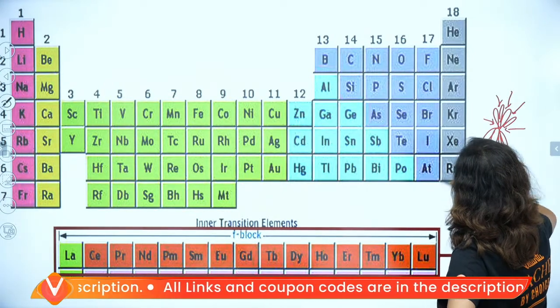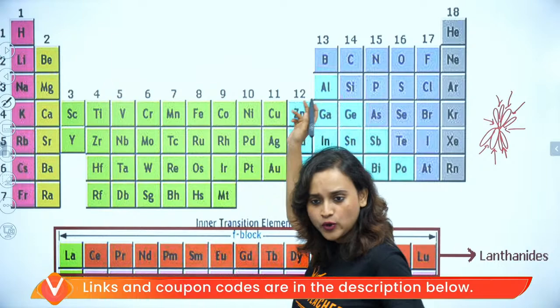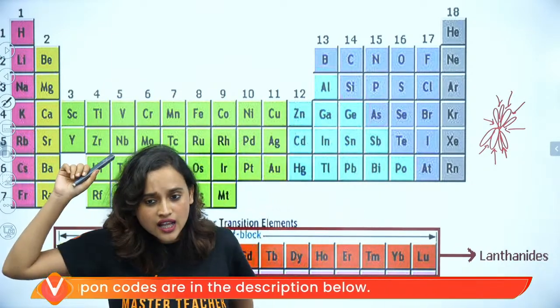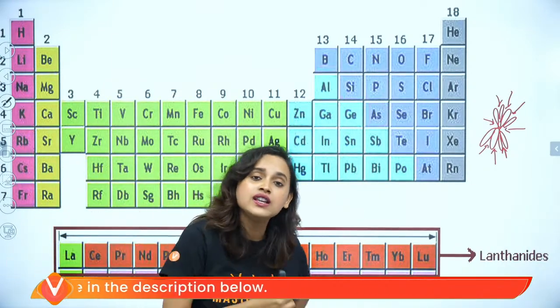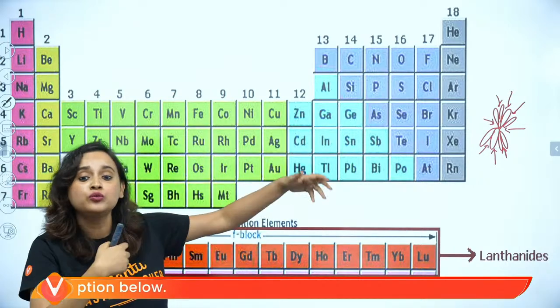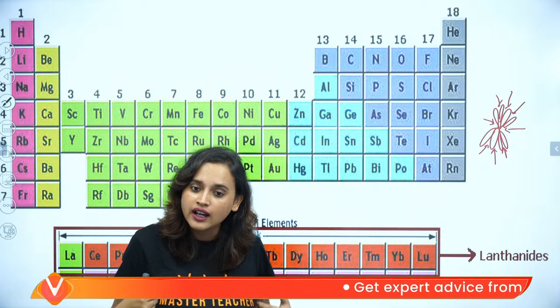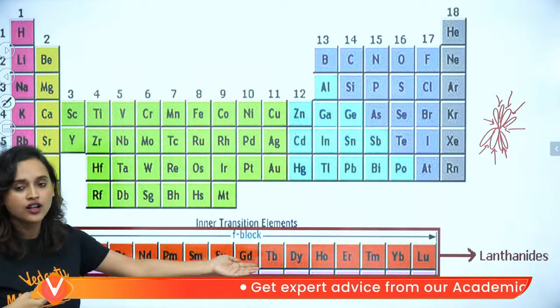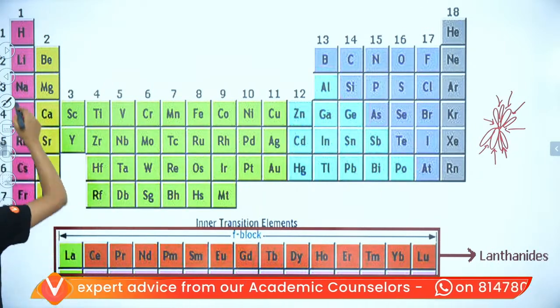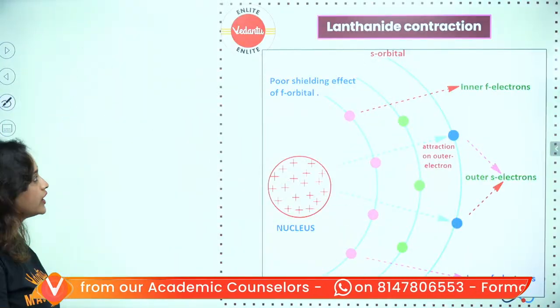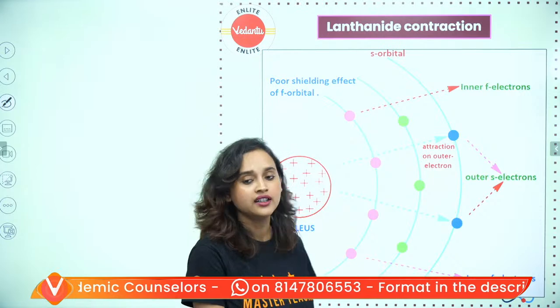Poor shielding effect. If there is such a poor shielding effect, obviously the nucleus will be able to pull the electrons, and that means the size will keep decreasing. That is your lanthanide contraction.